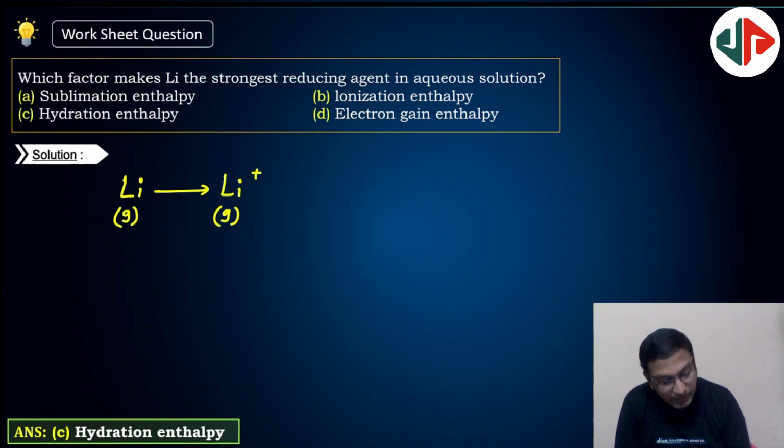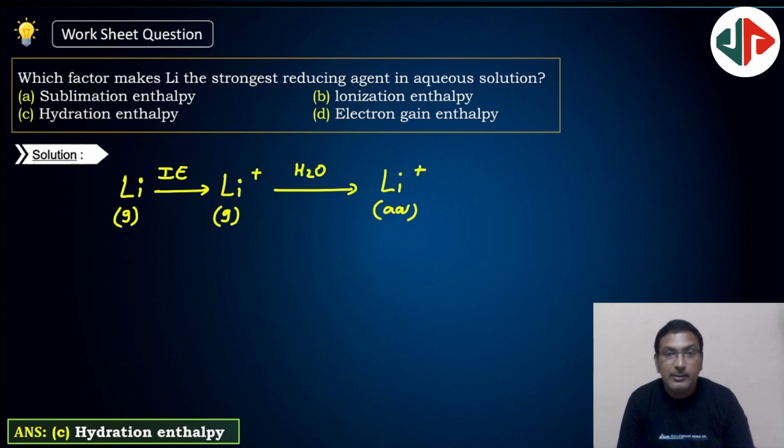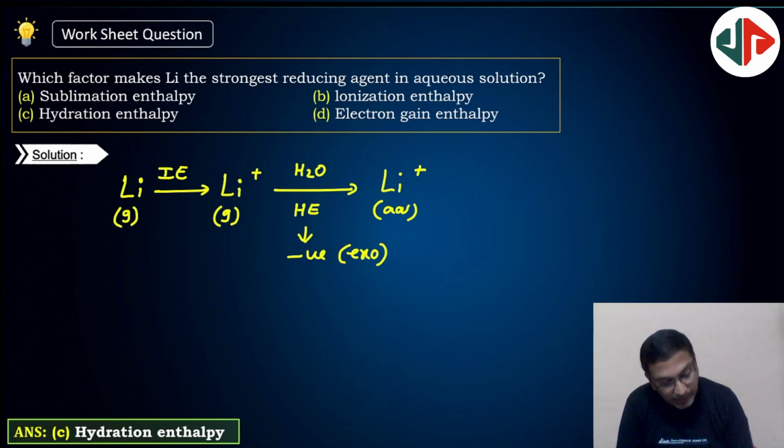This will be ionization, and when it interacts with water, it gives Li+ aqueous. So this process will be hydration energy. Hydration energy is always negative, that is exothermic. Ionization energy is positive, which is endothermic.